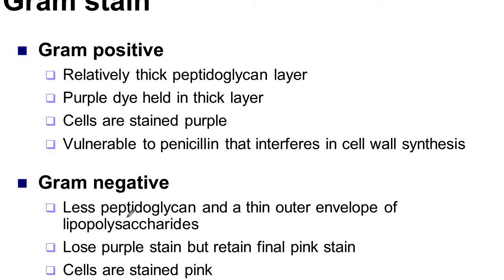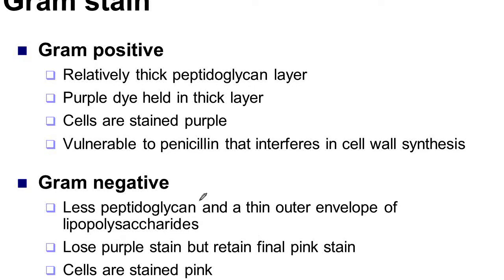So gram-negatives, well, they have a peptidoglycan, so they have a thinner peptidoglycan layer, and they have a thin outer envelope of lipopolysaccharides. So you might think, well, these bacterial species would be less dangerous because their peptidoglycan layer is not as thick.